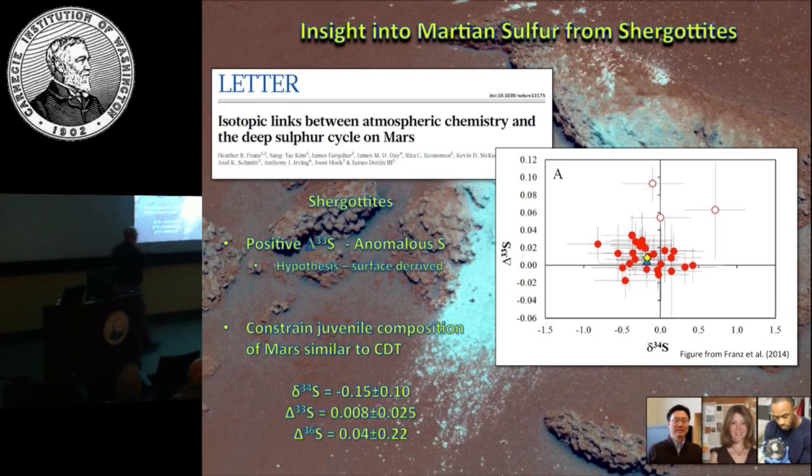What we'll see here is a plot of cap delta 33 versus delta 34 with error bars, and the symbols are colored differently to highlight the fact that these three meteorites that were analyzed were statistically resolvable from a composition that would be 0, which is defined largely by this population. It's actually defined by the standard composition. And so there is an anomaly that's present in some of the Shergottites.